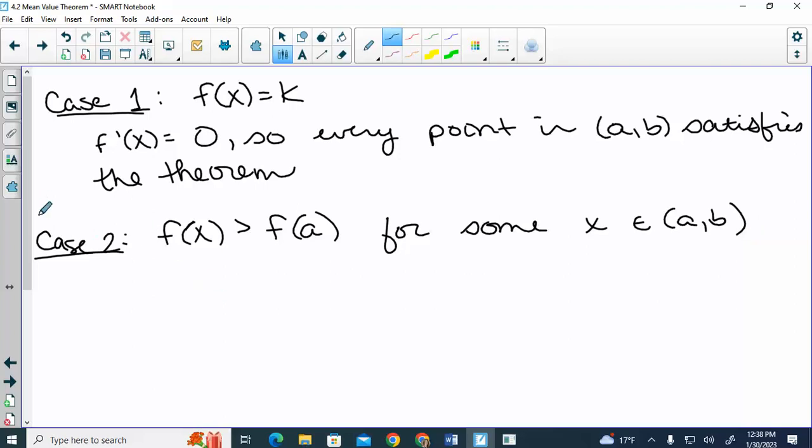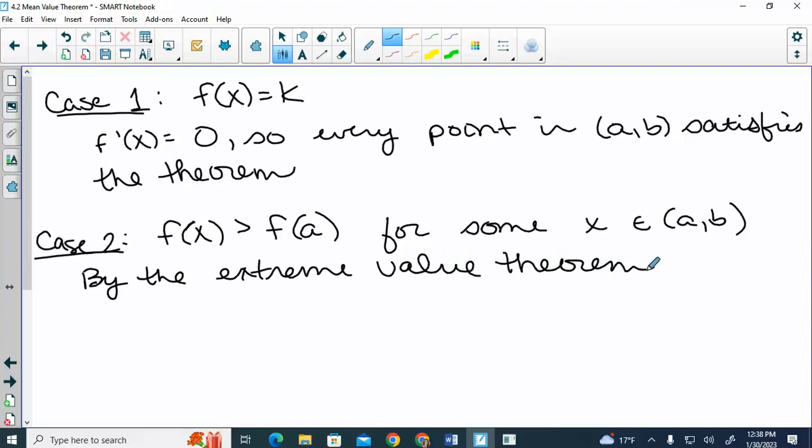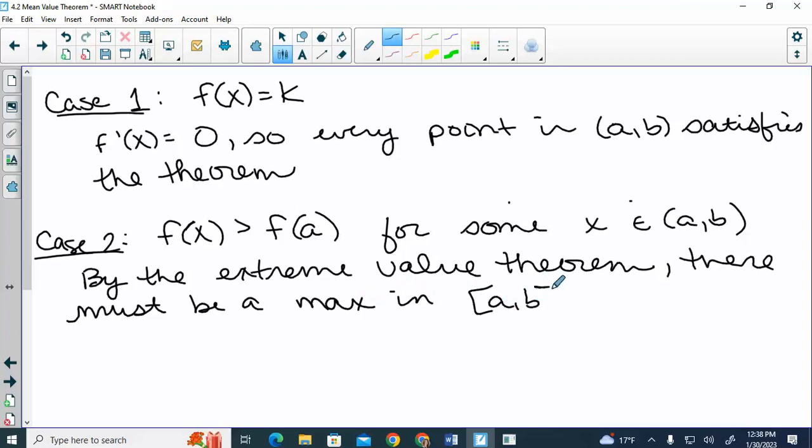Okay. So by the extreme value theorem that we saw last week, if you start somewhere and then you go above, and we know we have to come back down because a and b have to be equal, there must be a maximum in the interval a to b.